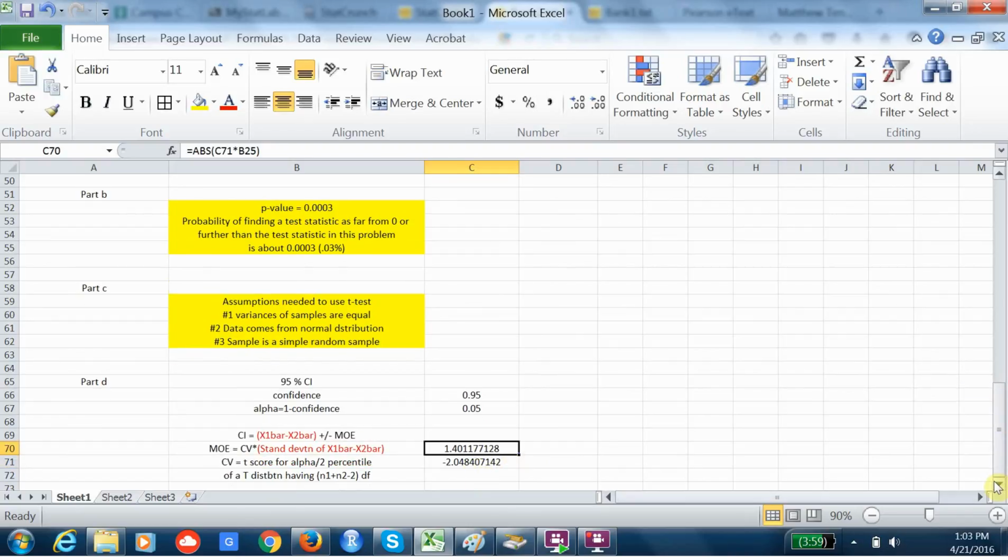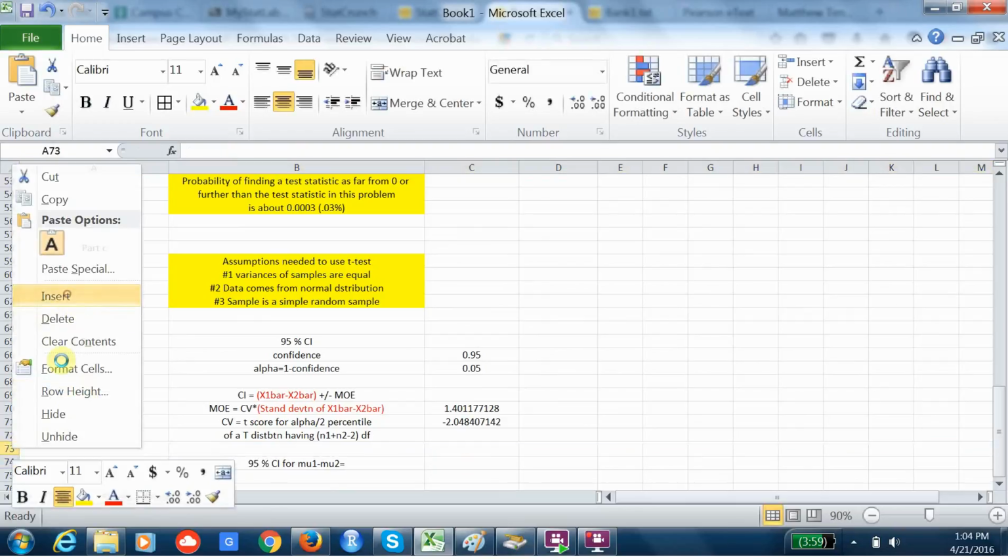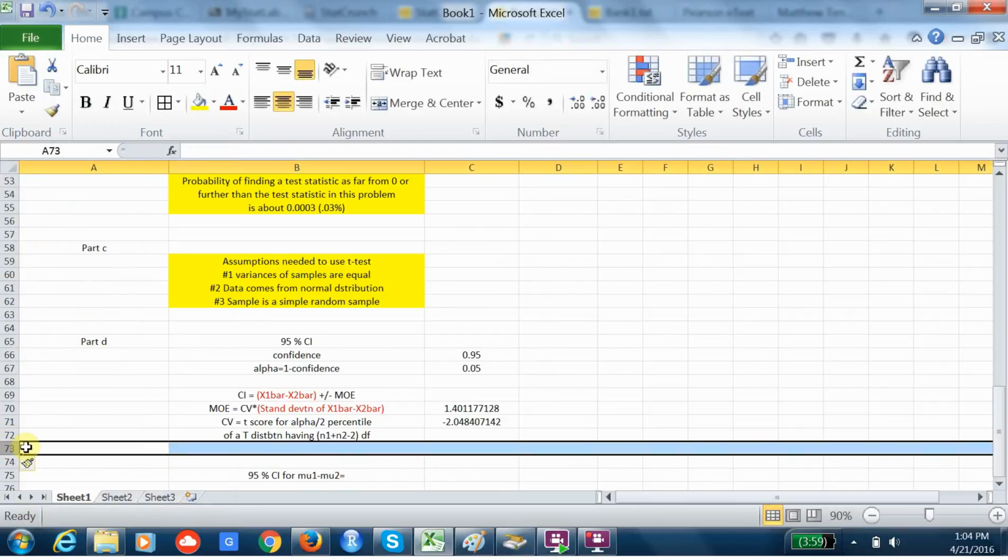And now we're ready to go. We have everything we need. So 95% confidence interval therefore mu1 minus mu2 is equal to, I have to compute the lower and the upper endpoints first, so I'm going to go ahead, I'm going to insert a few cells here just to make life easy.